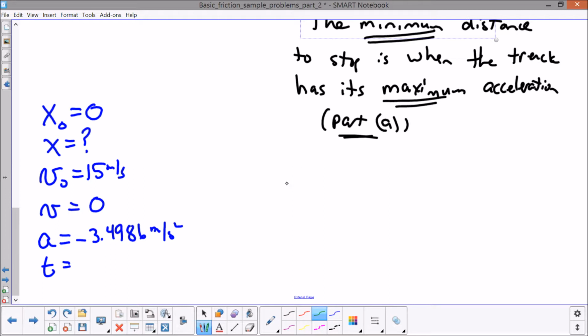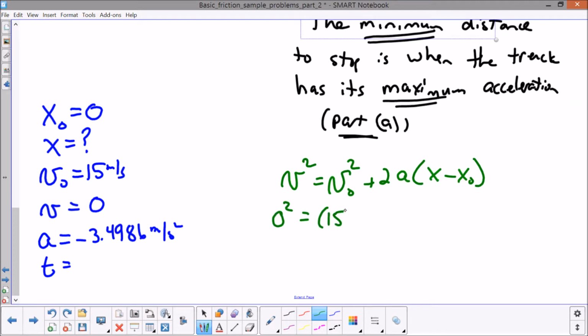To solve this, we're going to use the kinematic equation that relates the velocity to the position. The final velocity squared equals the initial velocity squared plus 2 times the acceleration times the displacement of the object. So we have 0 squared equals 15 squared plus 2 times negative 3.4986 times x minus 0.